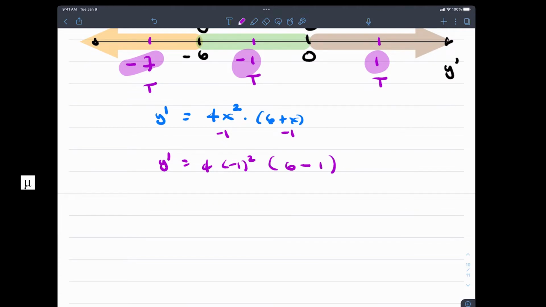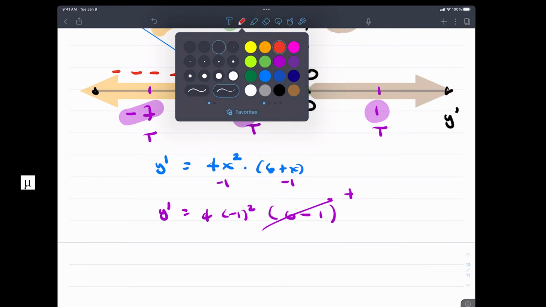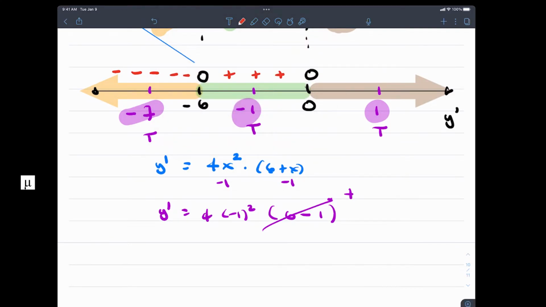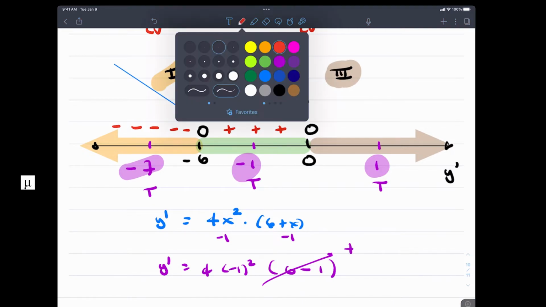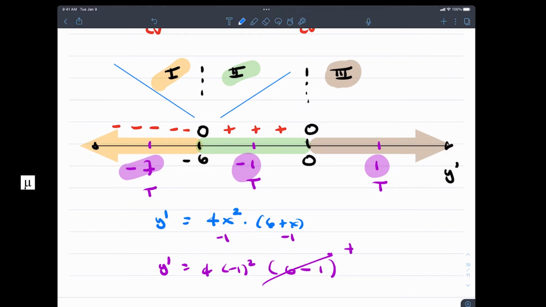It's positive. But I do know 6 minus 1 is also what? So region 2, what do we know? Positive, ladies and gentlemen. Okay? So I want you guys to know, there you guys go with that, okay? Testing each region. And we have a positive slope, then that's uphill.